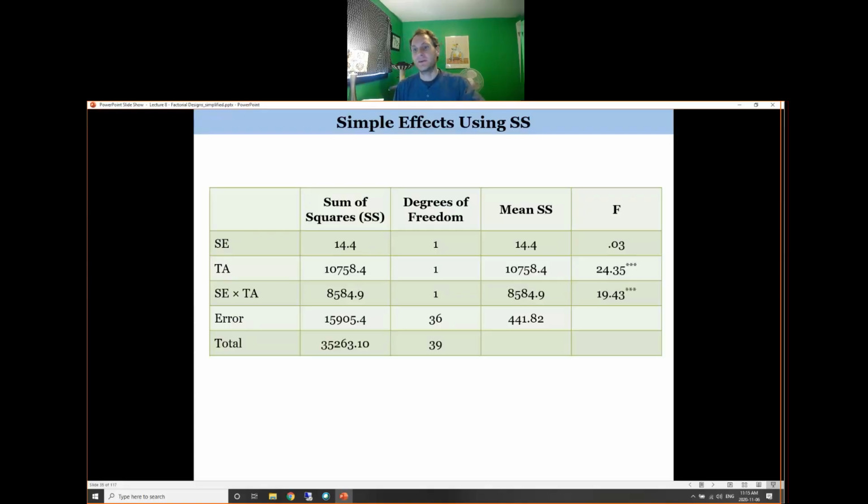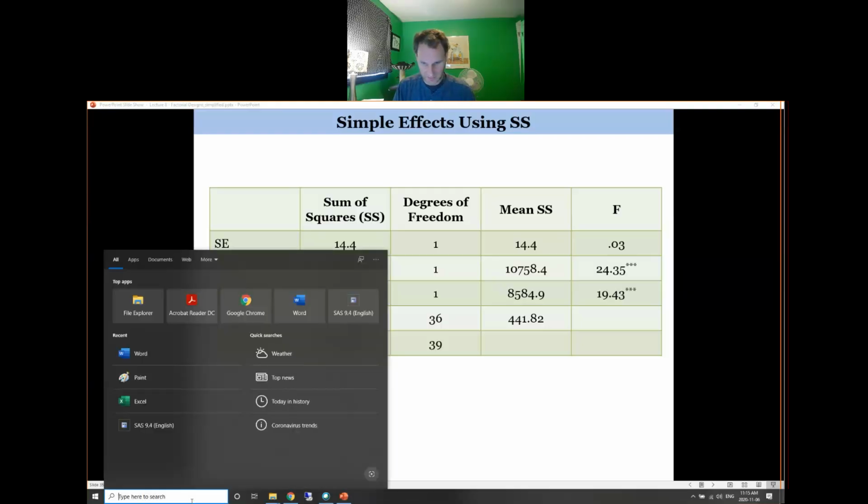Well, when we have a significant interaction, it means that there's lots of different combinations of ways that we can have an interaction. It means that the effect of one independent variable on the dependent variable depends on the level of the other, but we don't know what that looks like. So let's consider some examples.